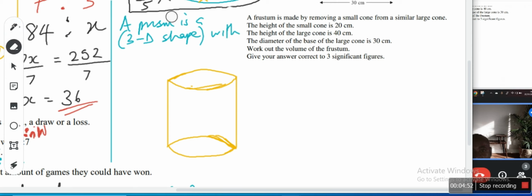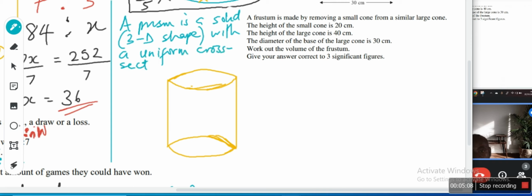Uniform cross-sectional area means from one end to the other end, it looks the same way.